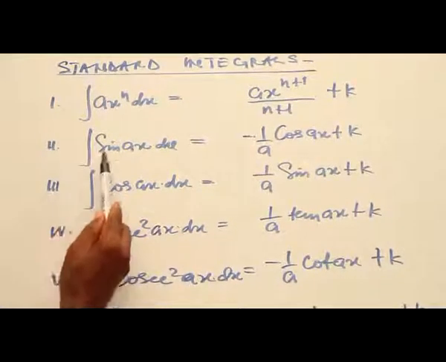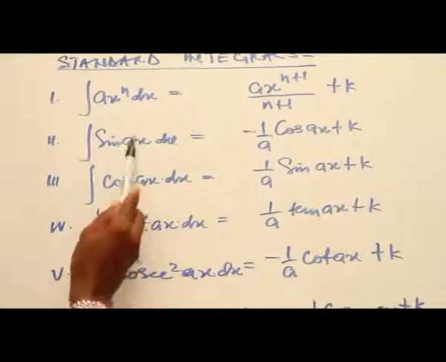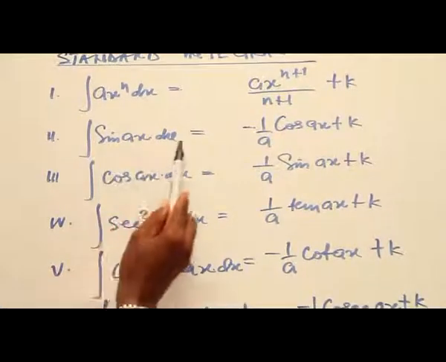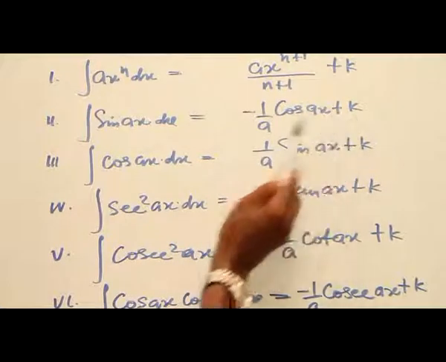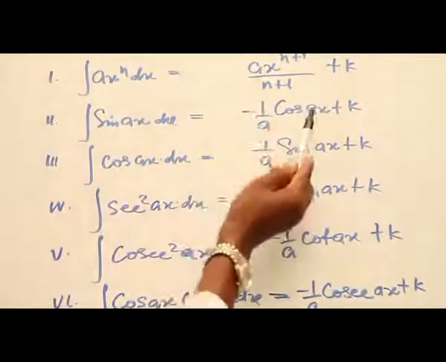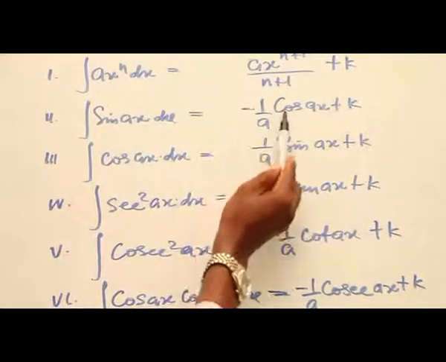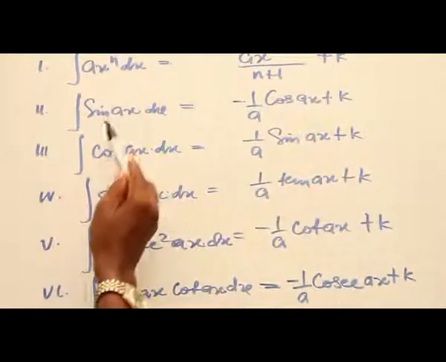The second one is sine as ds. You can see it becomes minus 1 over a cos as plus k. You will recall that if you differentiate minus cos as, you will have plus sine as.